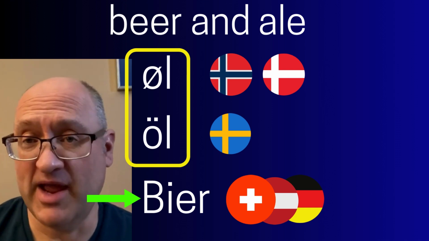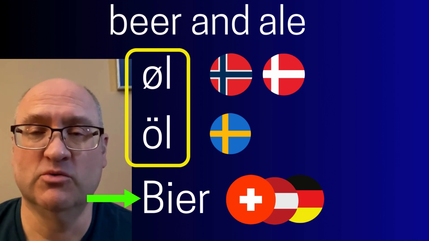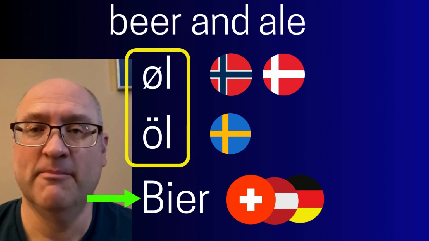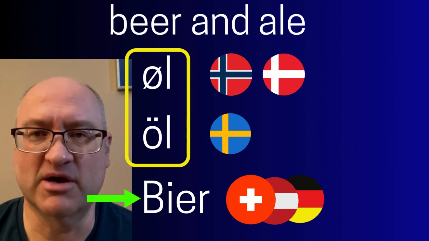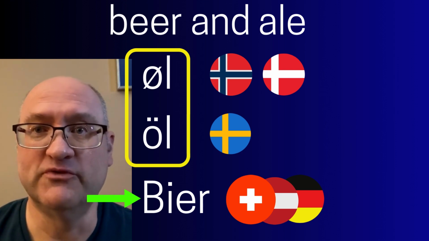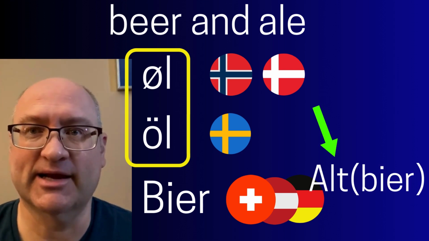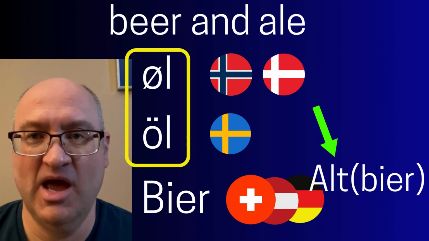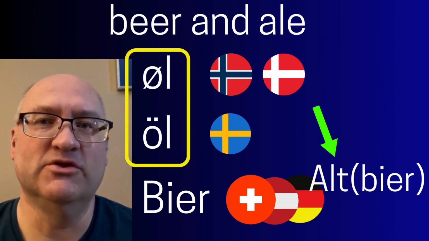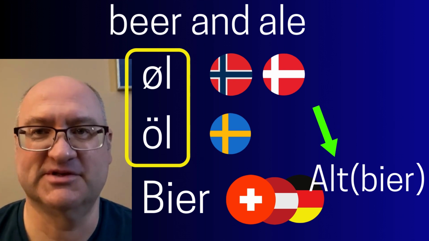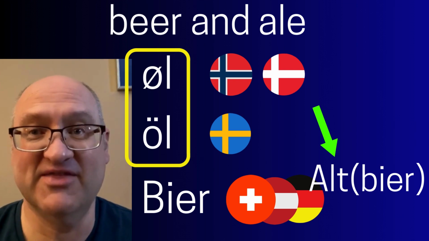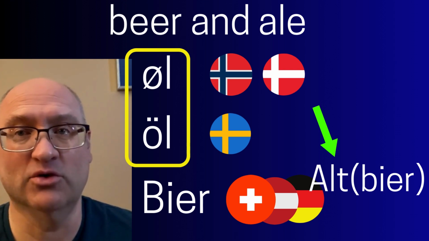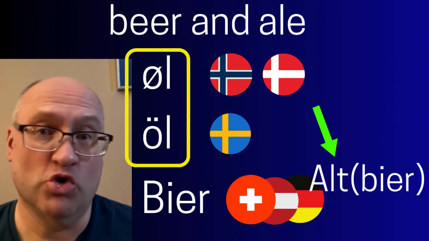In German we have the word Bier, which is of course very, very similar to the English word beer, but we also have a different kind of beer, a beer that's actually brewed very much like an ale, or exactly like an ale, and that would be called Alt, or Altbier. However, the sources that I have referenced all say that this is actually not related to the English word ale or the Scandinavian word öl.